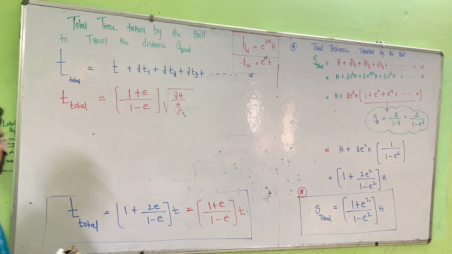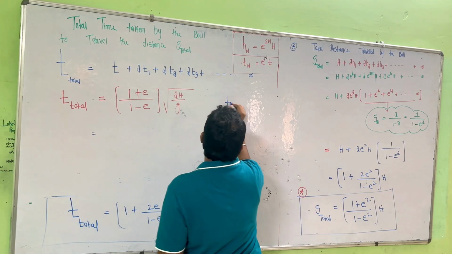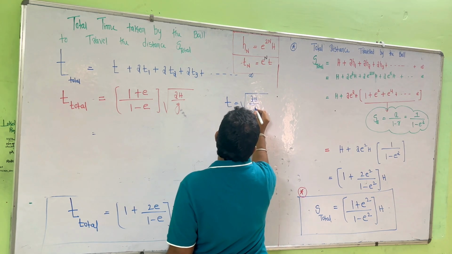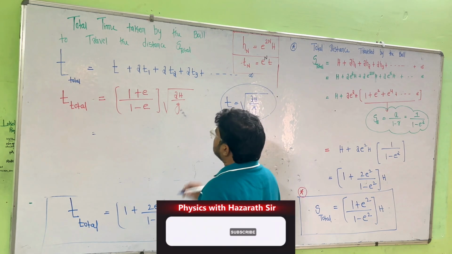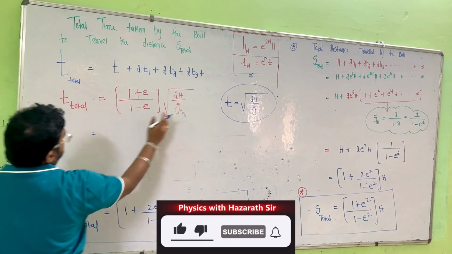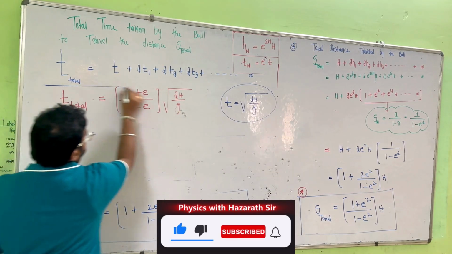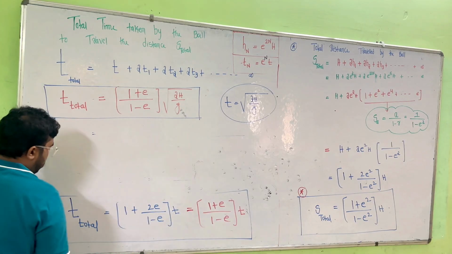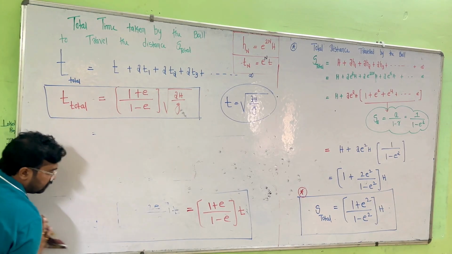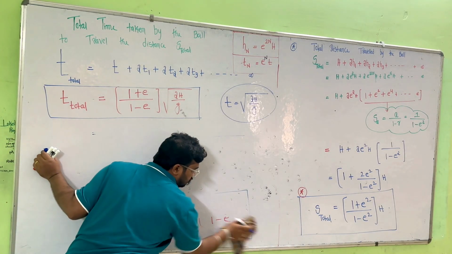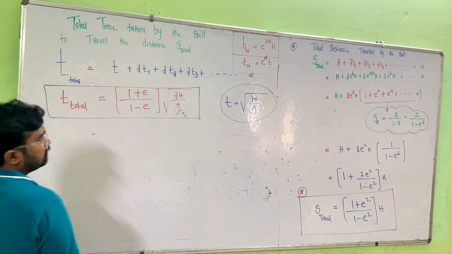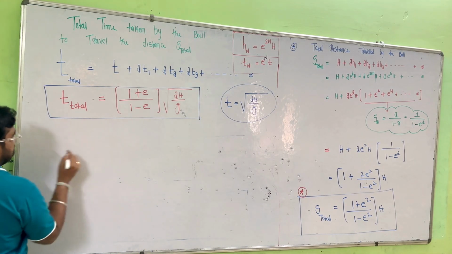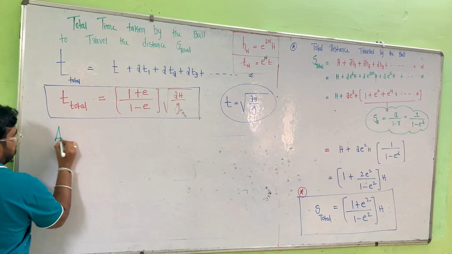This would be T total. Now coming to average speed. Focus here.